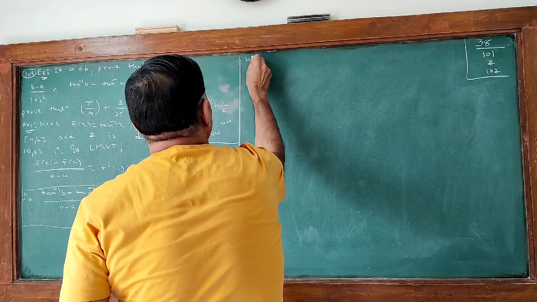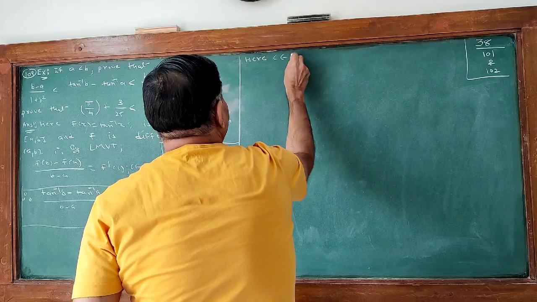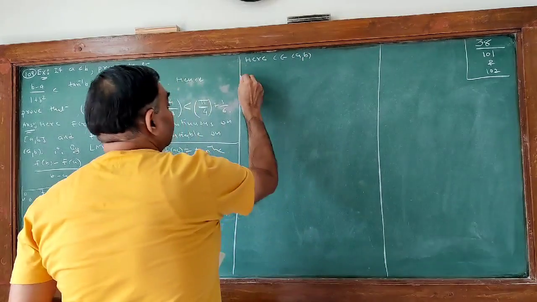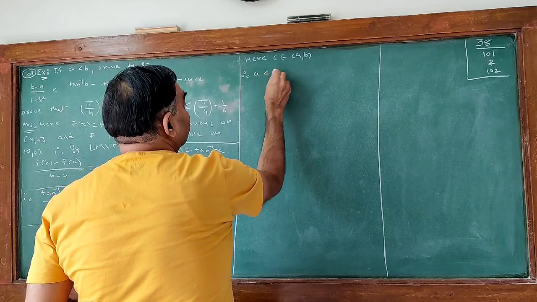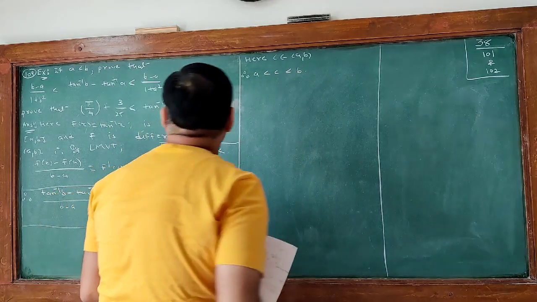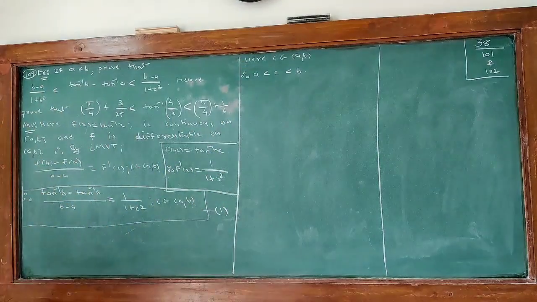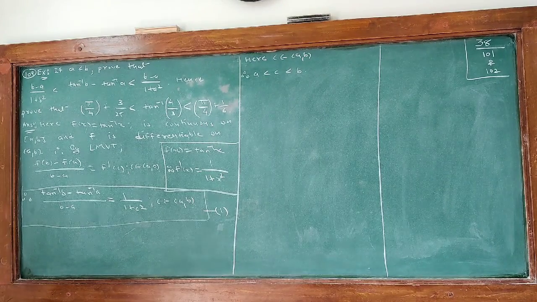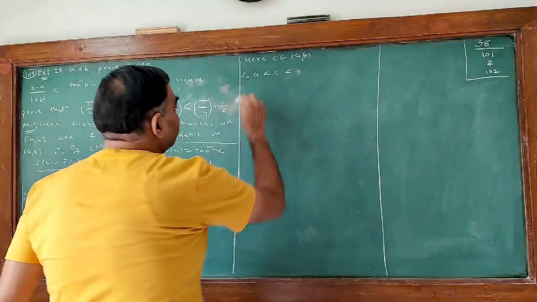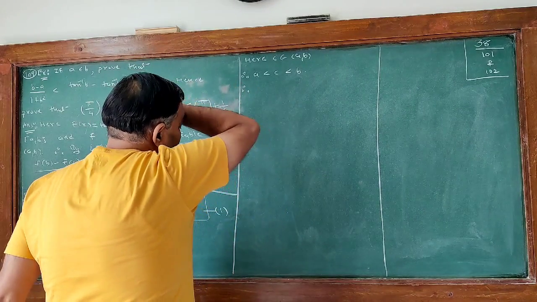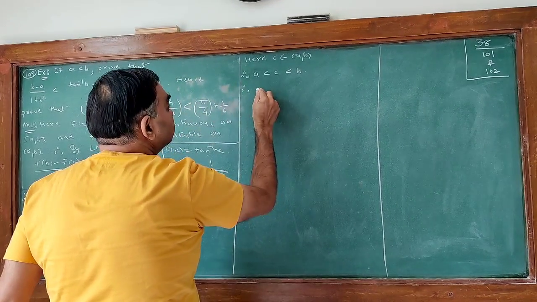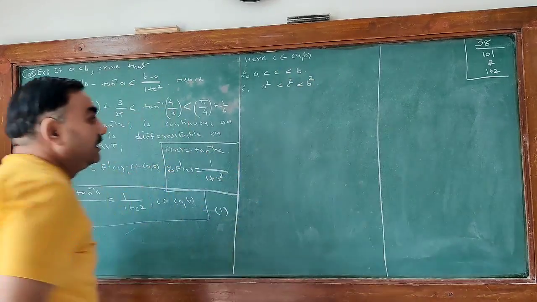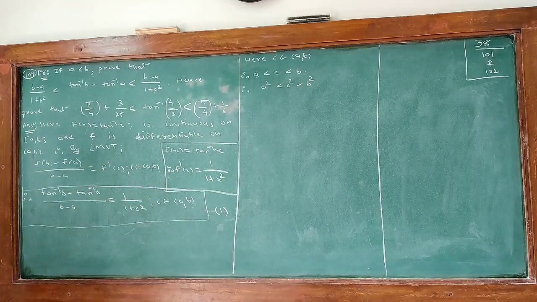Here c is in open a to b. Therefore a is less than c is less than b, and by default we choose that both of them are positive, and therefore a square is less than c square is less than b square.